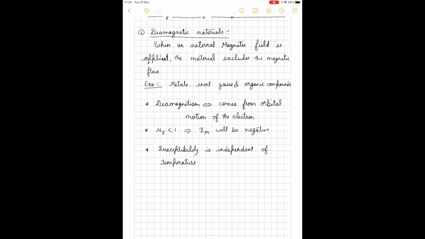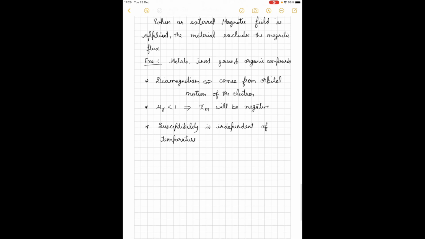Okay. As I said, the tendency of a diamagnetic material is to expel the magnetic flux lines from its interior. The perfect diamagnet, I have told you before also, is the superconductor. Just to give you an idea of a superconductor, what happens in a superconductor?